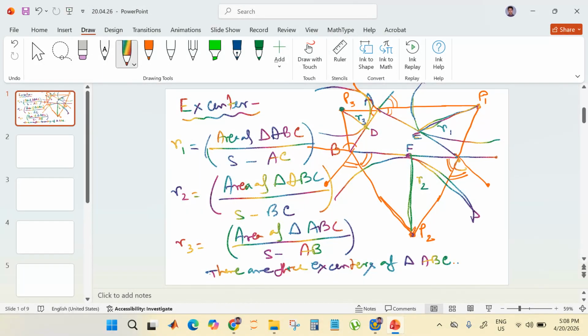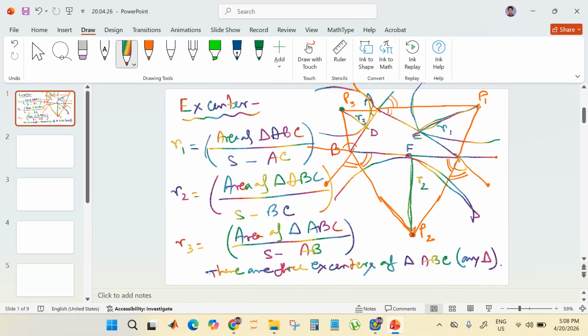I am just writing ABC, you can consider any triangle. Okay, and it can be defined by intersecting the external bisectors of two consecutive angles of any triangle.